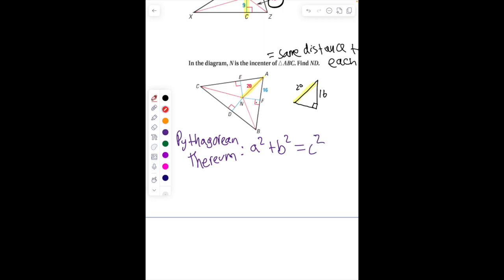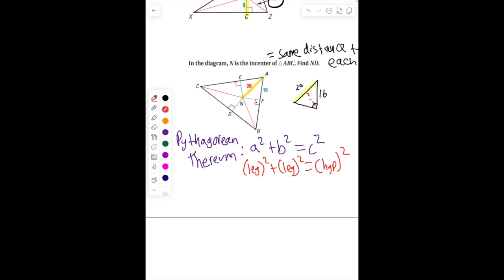But I also like to write it as one leg of my triangle squared plus the other leg squared equals the hypotenuse squared. Whether you think about a and b as your two smaller sides and c as your hypotenuse, the hypotenuse is always across from 90 degrees.